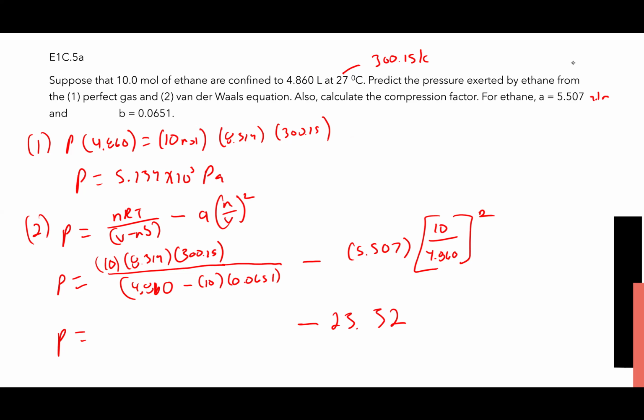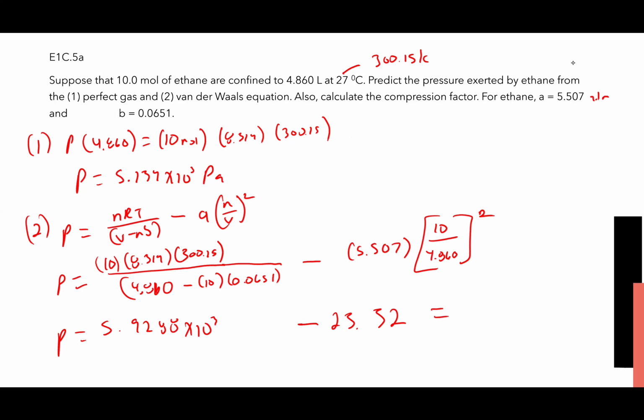And then the left-hand term: 10 times 8.314 times 300.15, all divided by 4.86 minus 10 times 0.0651. If I do that, the left-hand term is 5.9288 times 10 to the third.